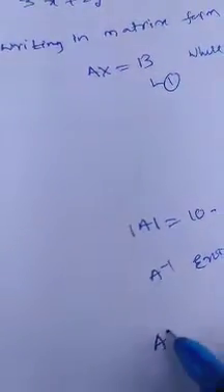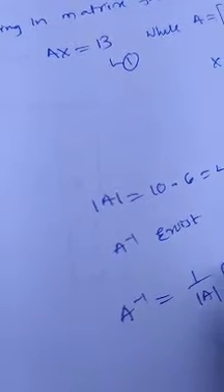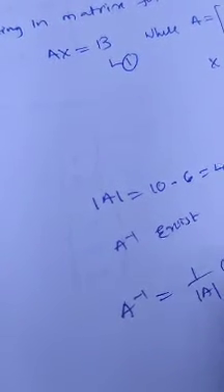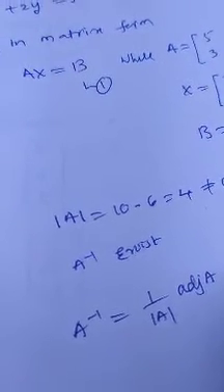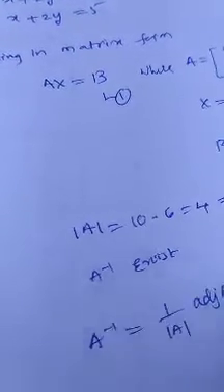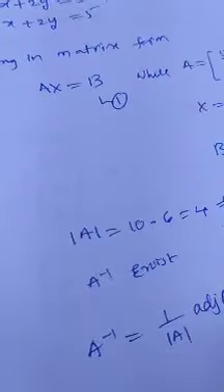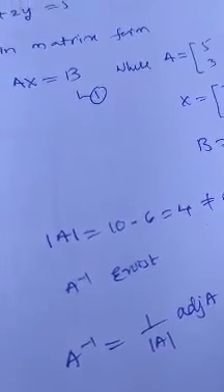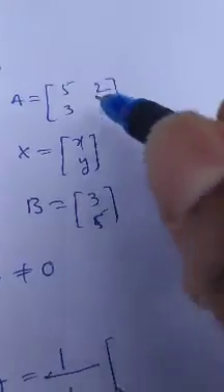Now, how to find A inverse? A inverse equals 1 by det A into adjoint A. We already found det A. What is the formula for adjoint A?